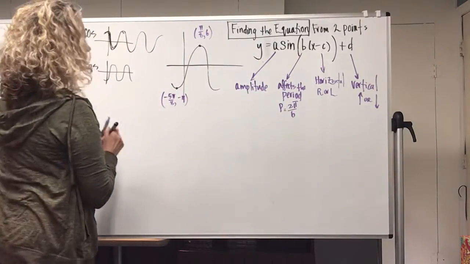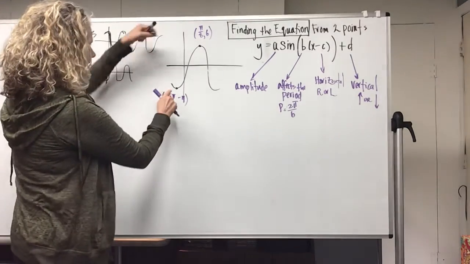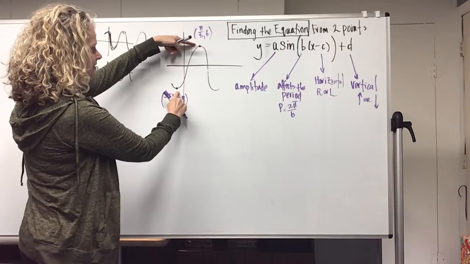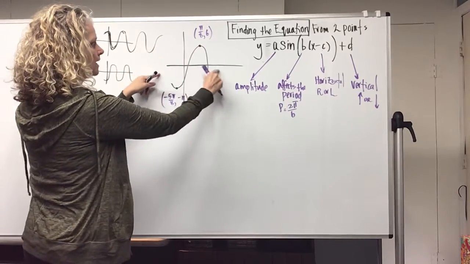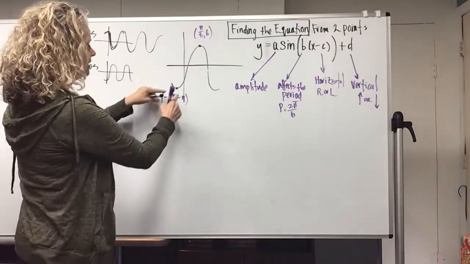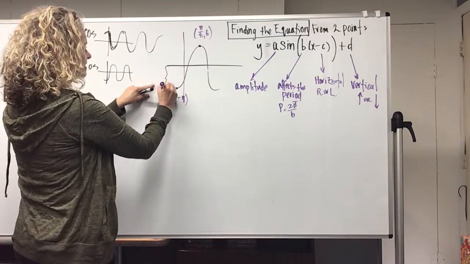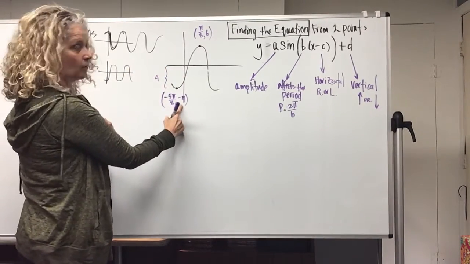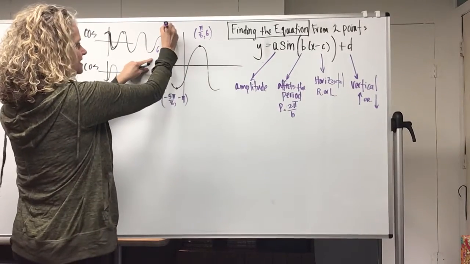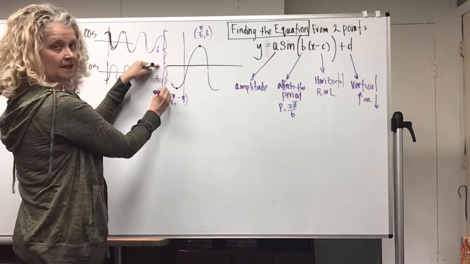Now looking at this, finding our amplitude, we need to find half this distance. Half this distance tells us where our principal axis is, or where our vertical shift is, up or down. So if it's a distance of 4, because that's a -4, and this is a distance of 6, this entire thing is 10 long.